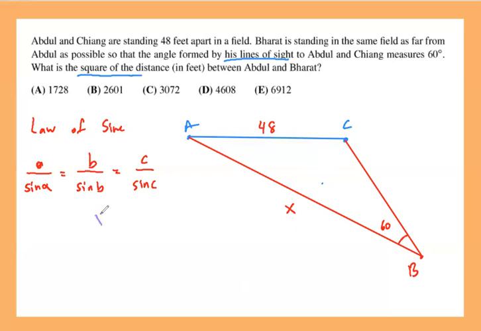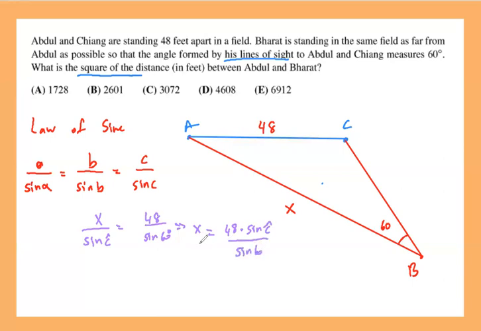So let's try this. x over sine of angle C has to be equal to 48 divided by sine 60 degrees. If I multiply both sides by sine C to get x alone, that should be 48 times sine C divided by sine 60.